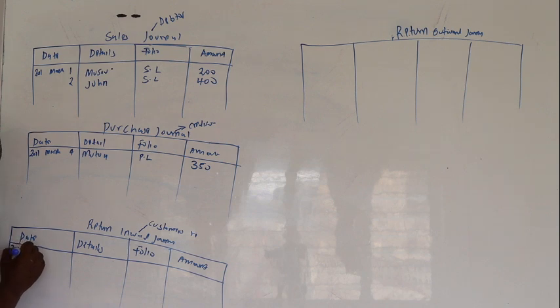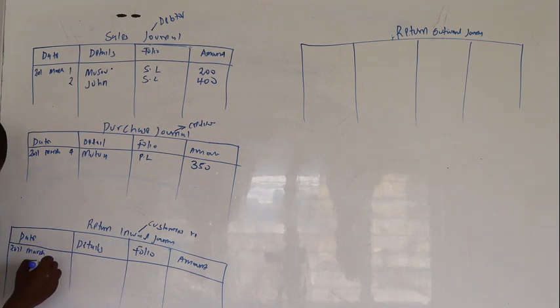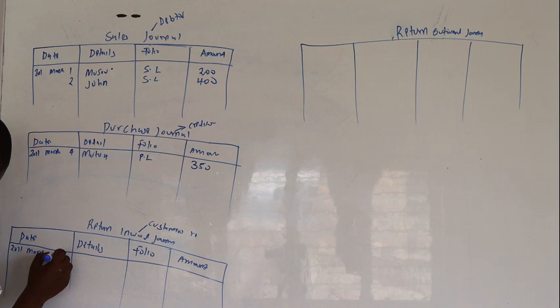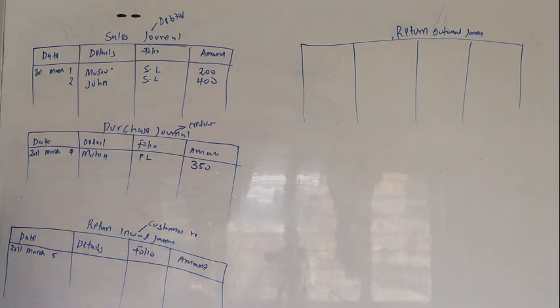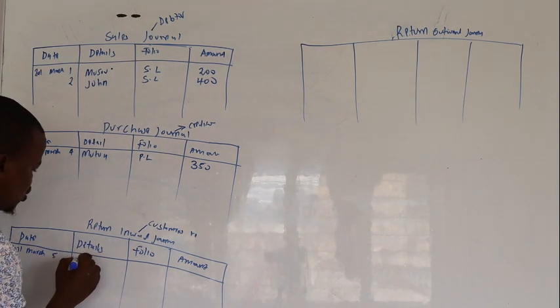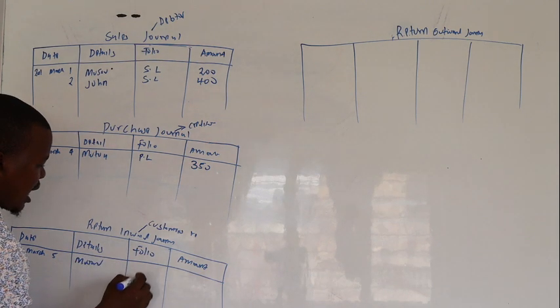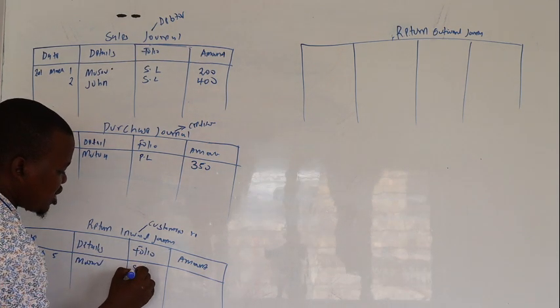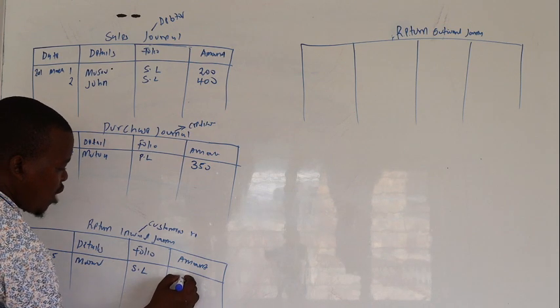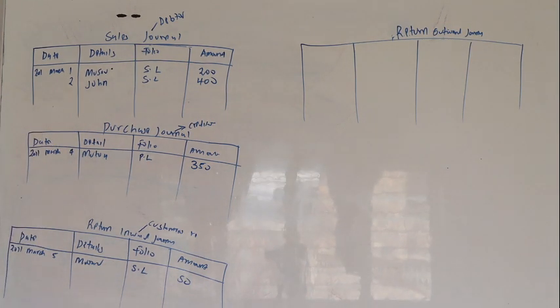It was 2011 March, tarehe 5. Musau has returned, and he is in the sales ledger. Musau amerudisha goods costing 50.